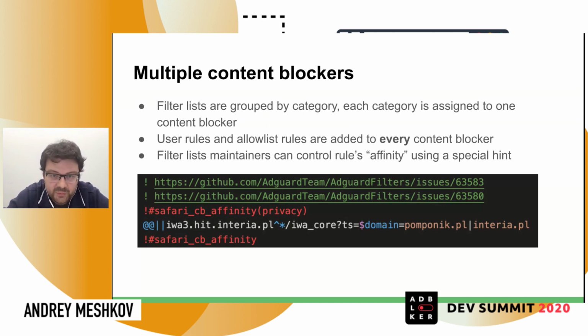But still, there are some cases when the filter list maintainer wants a newly added rule to interact with some other filter lists from a different category. So in order to help them resolve this, there's another special hint available to maintainers called Safari CB Affinity, which you can see on the screenshot, again, a real-life example. And in this hint, you can specify the name of the content blocker where you would like to add the rule to.